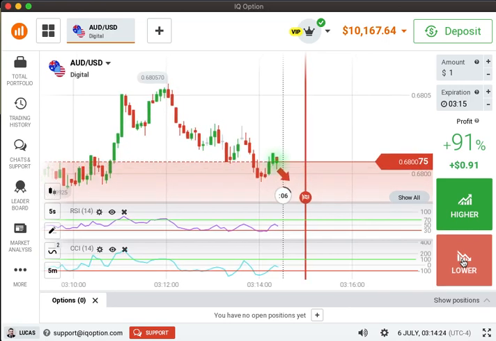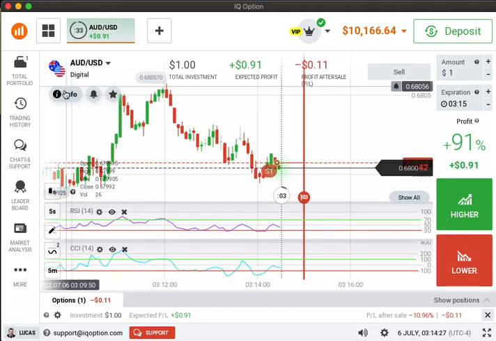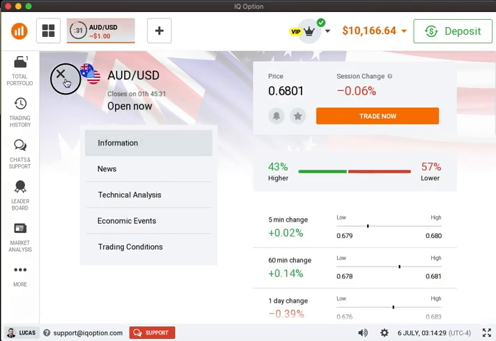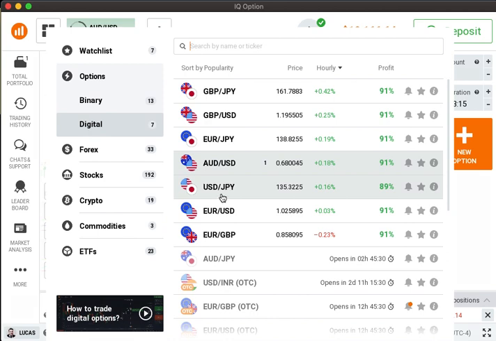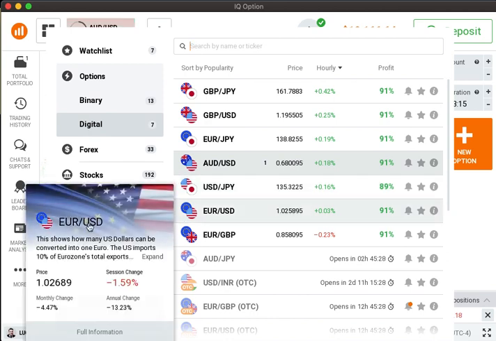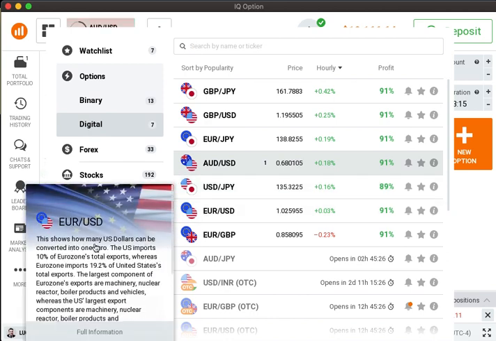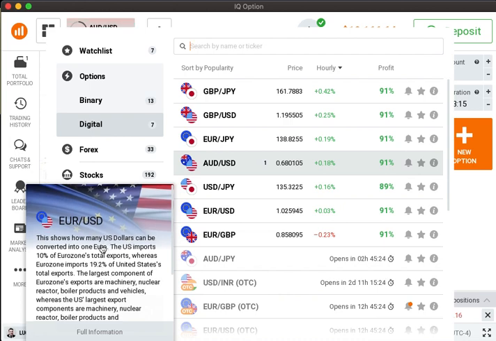Right. So we sell here, right? So we go info, not even info. We go here. So we're on, let's say, EURUSD, right? This shows how many US dollars can be converted into 1 euro. The US imports 10% of Eurozone's total exports, whereas Eurozone imports 19.2% of United States total exports.